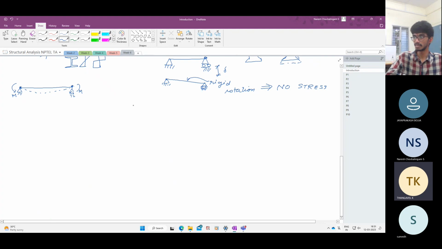Say we have a fixed beam, and this support is sinking by some delta. Then what happens? Since this maintains the 90 degrees here, it will deform this way. Now, since it is deforming, there will be strains and there will be internal stresses.